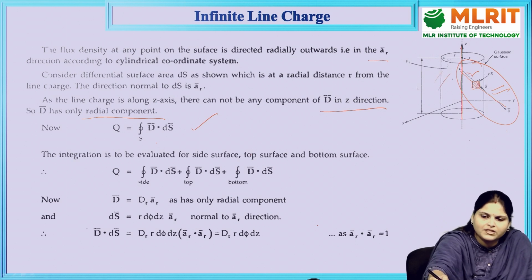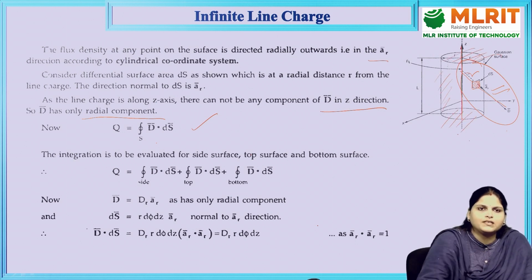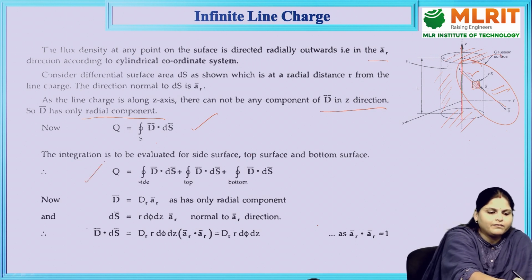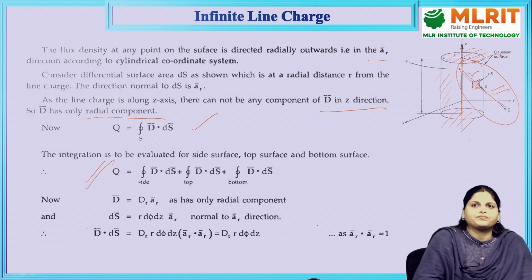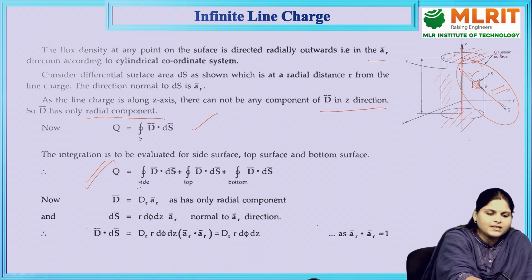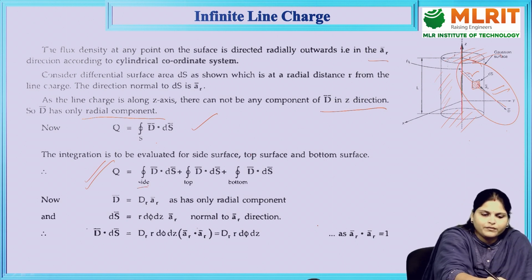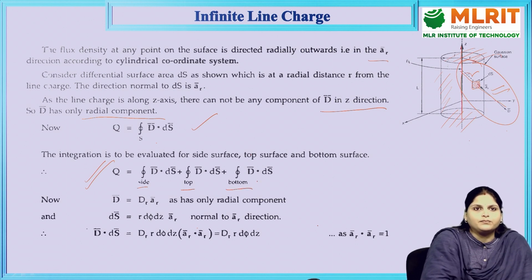Side surface means this, this is the top surface and this one is the bottom surface. So we will elaborate this formula as Q is equal to the integration of D dot dS for side plus integration of D dot dS for top and integration of D dot dS for bottom.